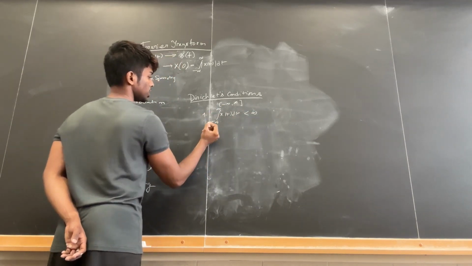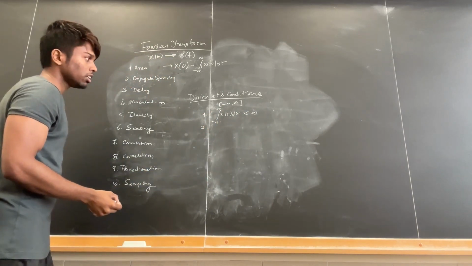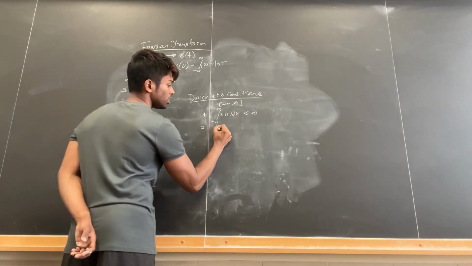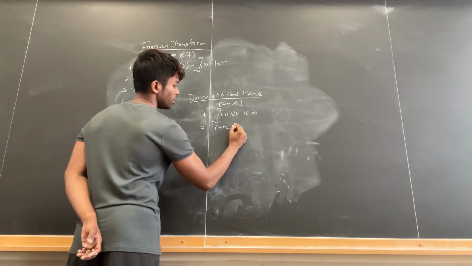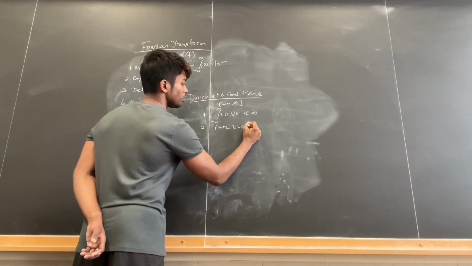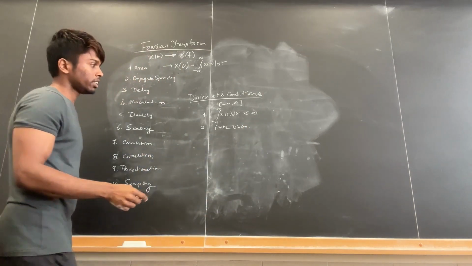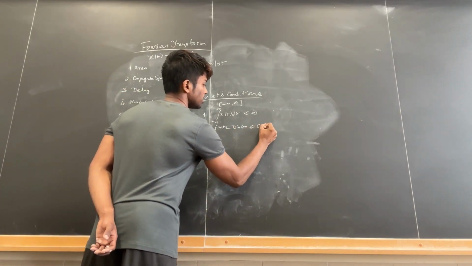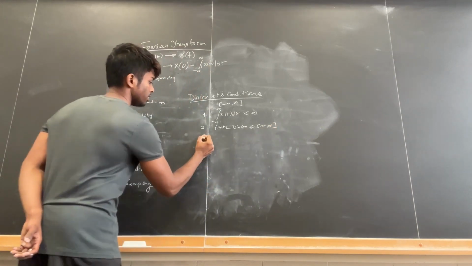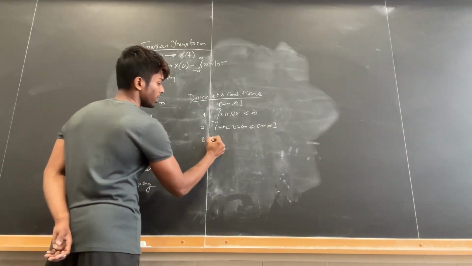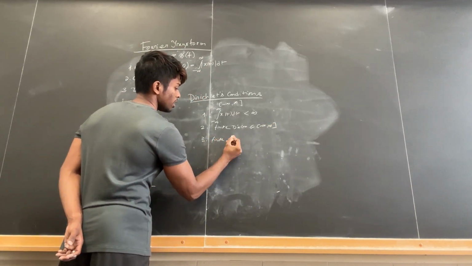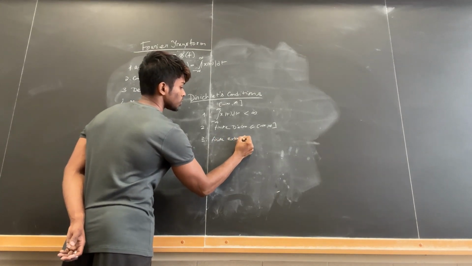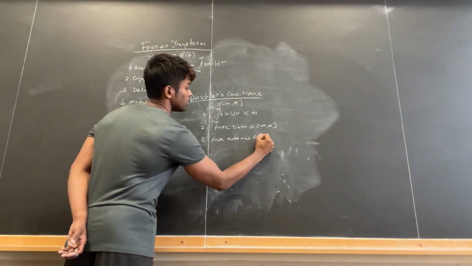That is the first condition. Second, the signal has a finite number of discontinuities inside that interval. Third, the signal has a finite number of maximum and minimum values inside that interval.